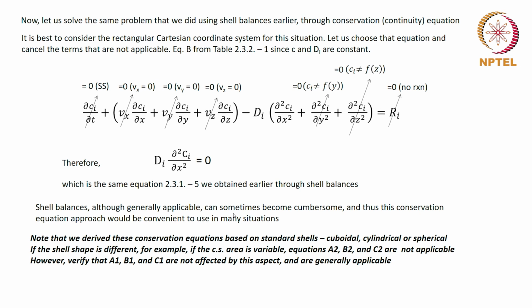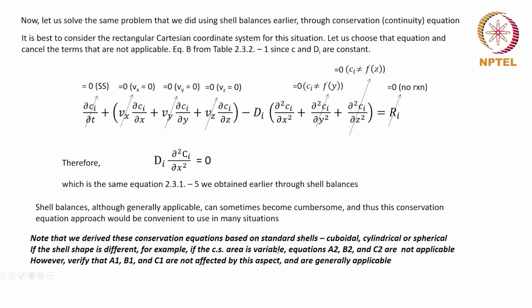Okay. If the shell shape happens to be different, for example, if we have a cone, there is a gradual change in the cross sectional area and so on and so forth. There could be various situations where the area changes.